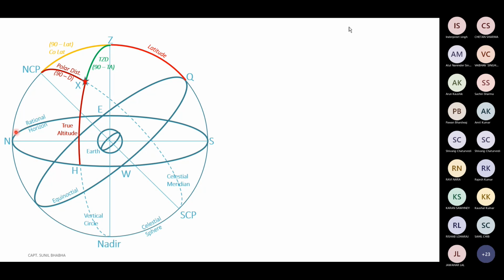First of all, you see, we are only interested in that part of the celestial sphere which is above the rational horizon. That means this particular part, which contains the PZX triangle also. This is the part which we are interested in. We are not interested in the bottom part of the celestial sphere that is below the rational horizon, because that in any case will not be visible to the observer.